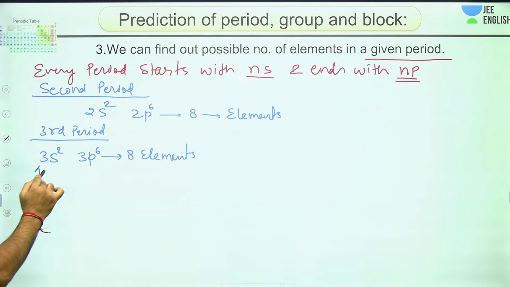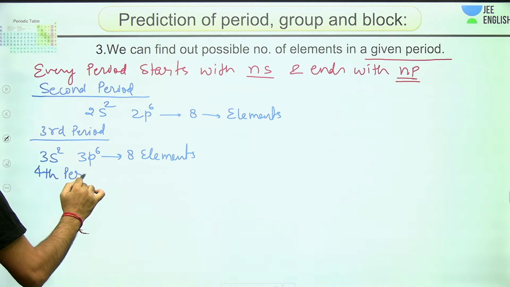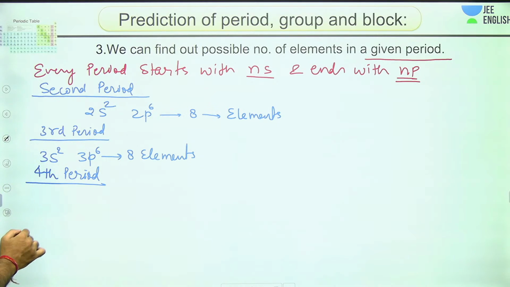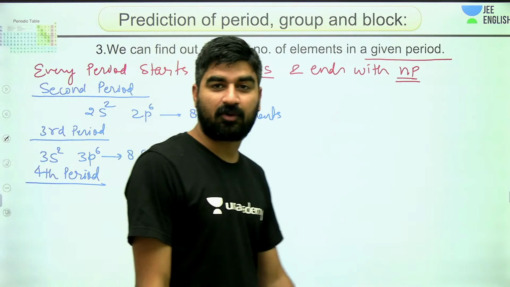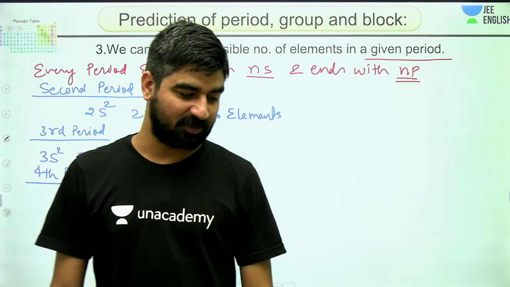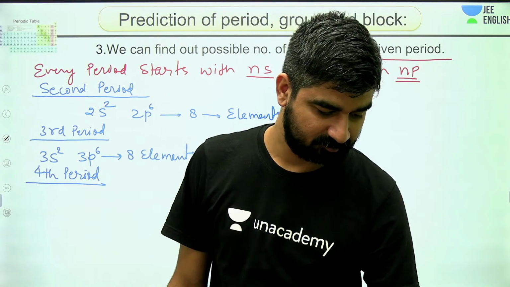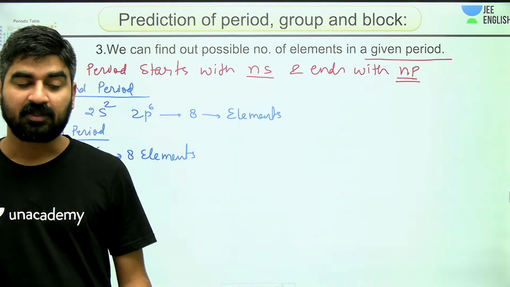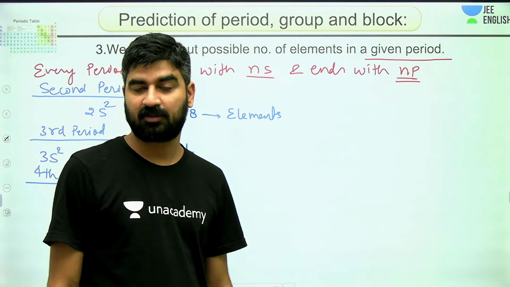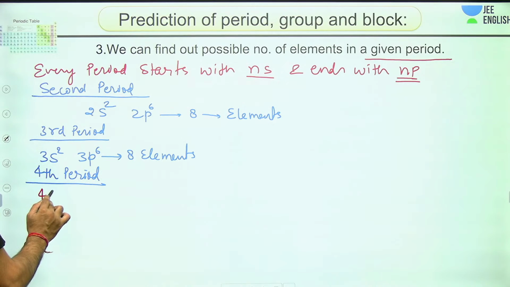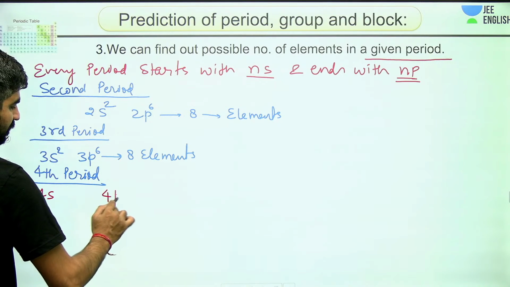What about the fourth period, guys? Just calculate the number of possible electrons in the fourth period, because that will be equal to the number of elements. Tell me now, what will be that value, guys? So it will start with the 4s and end with the 4p.